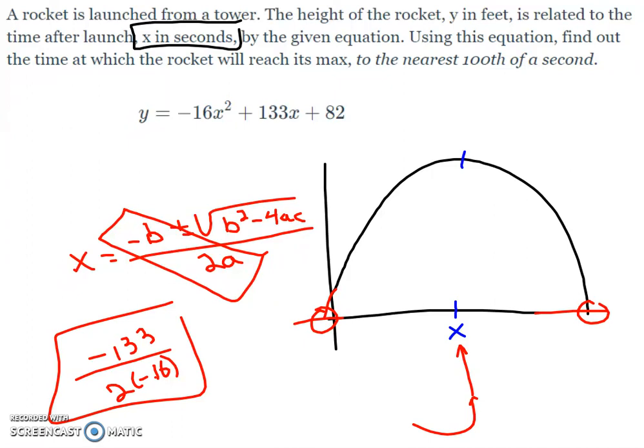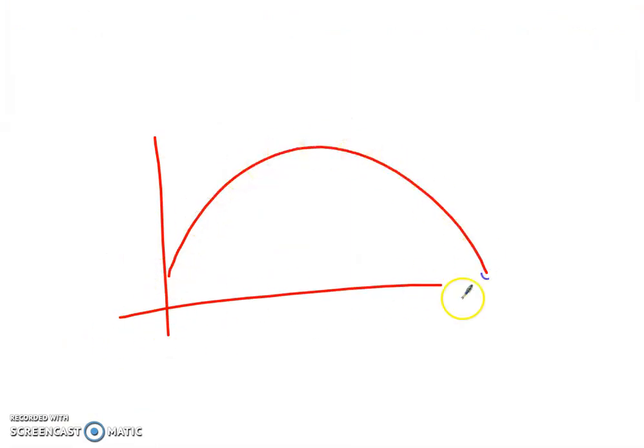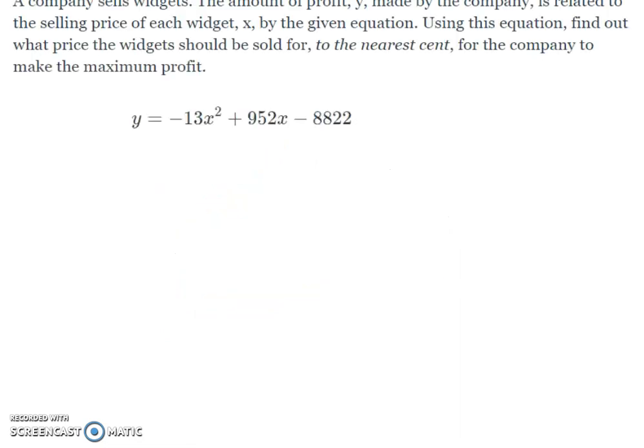Or if you had an equation that told you the power output of an engine, finding that spot right there would tell you the maximum number of RPMs you should use to get the maximum power. So with all these things where it says, what does it take to make the maximum profit?